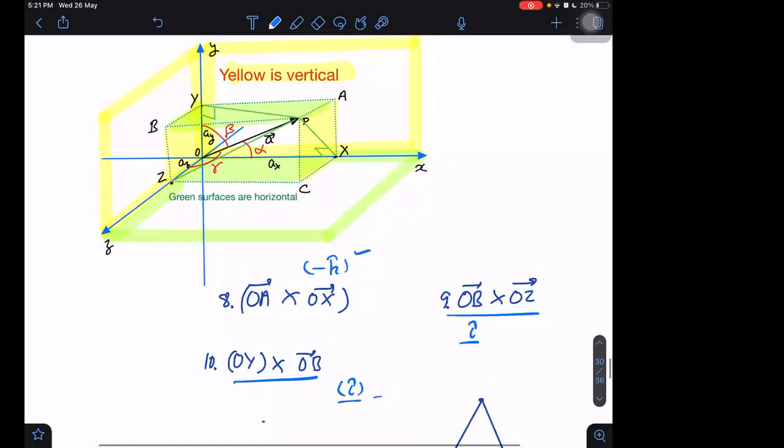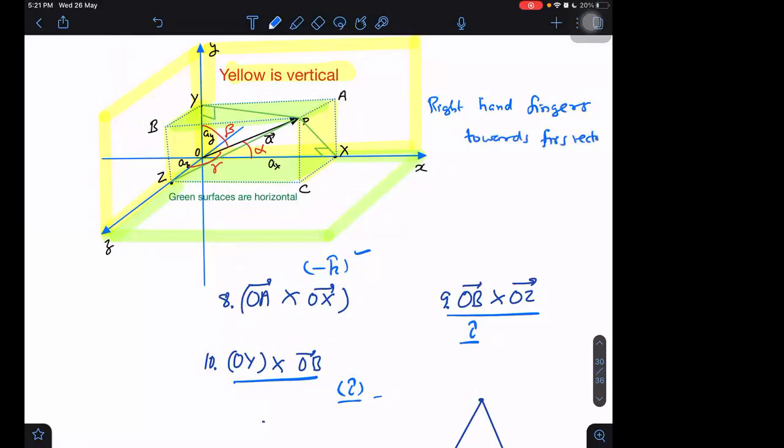How to use the right hand thumb rule? Do you remember? First of all, take your right hand fingers and point them towards the first vector.